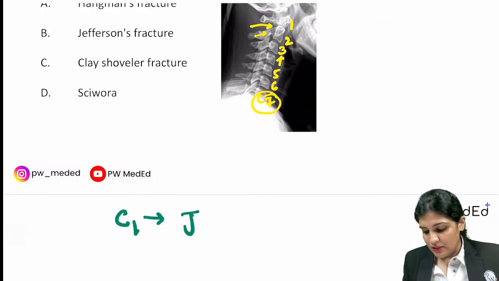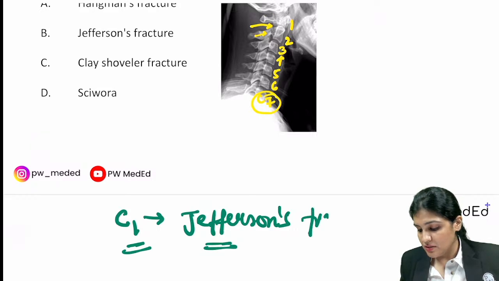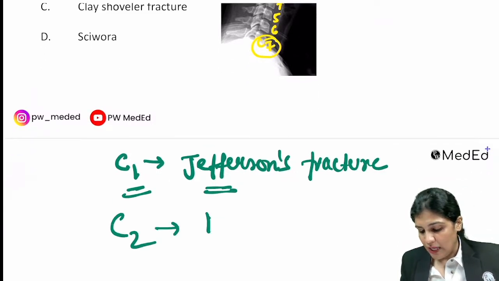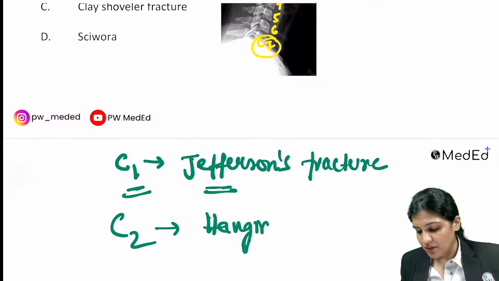this is the Jefferson's fracture. So first is Jefferson's fracture, and C2 is for hangman's fracture.